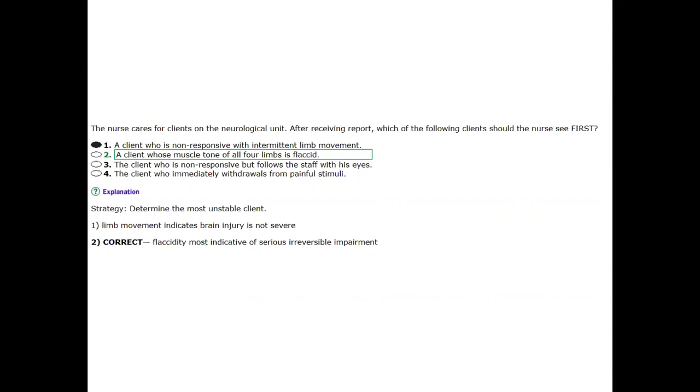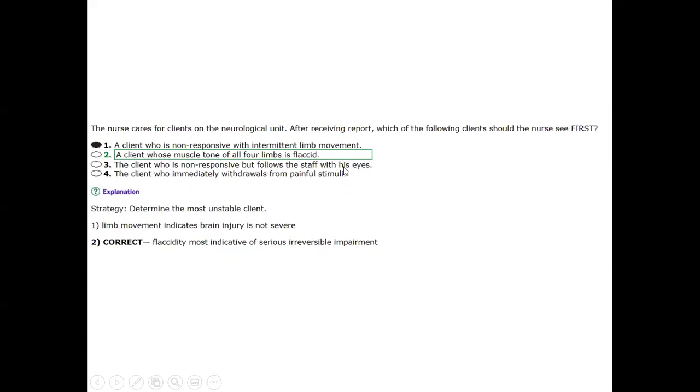Second, a client whose muscle tone of all 4 limbs is flaccid, a type of paralysis. So what do we do? Number 3, a client who is non-responsive but follows the staff with his eyes.